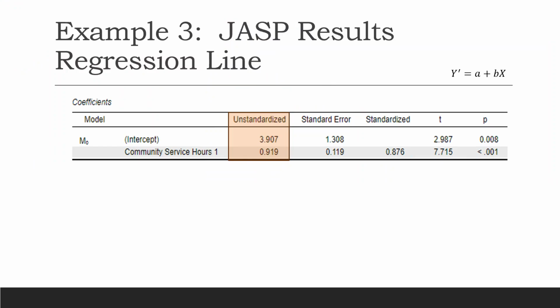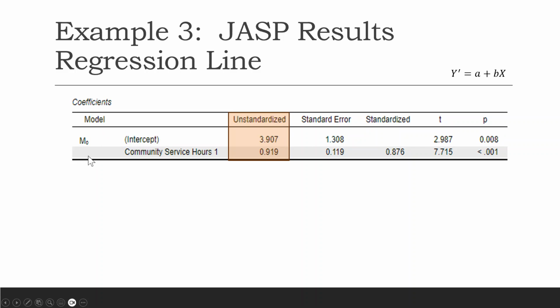All right. We want the regression equation, y prime equals a plus bx. In this coefficients table, we have a model which represents our regression equation. This first line gives us information about the intercept.